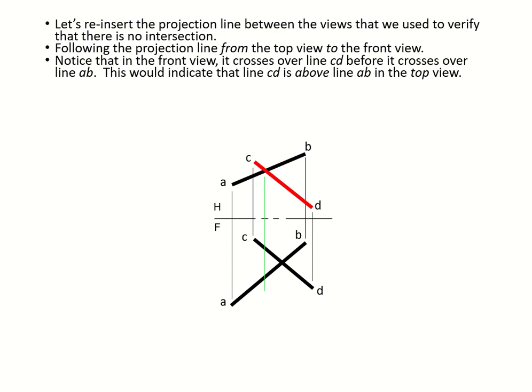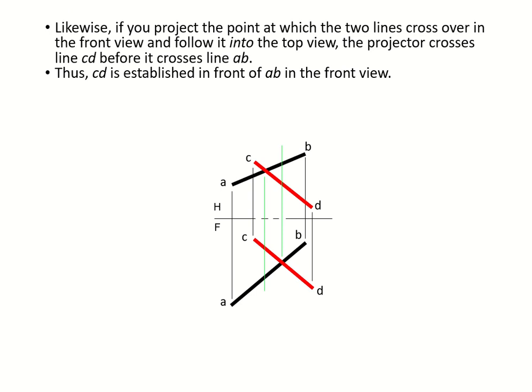Now the second one, the crossover from your front view. Draw a projector line from the front to the top. It's going to hit CD first before it hits AB. So therefore in your front view, your CD is on top of AB.